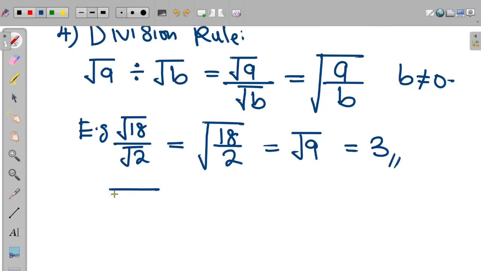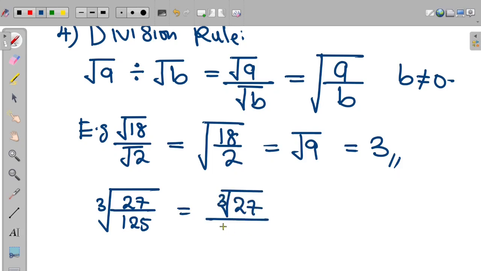Also, if we have cube root of 27 divided by 125, this can be expressed as cube root of 27 divided by cube root of 125. So we can express 27 in the powers of base 3.